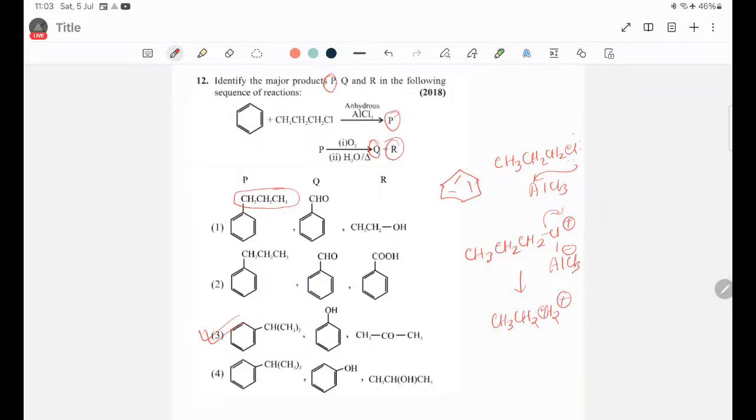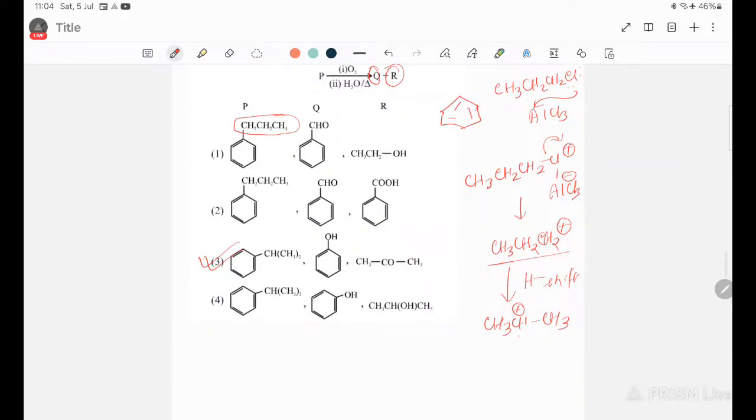Now you can ask me one question: why will this primary carbocation be formed? It shouldn't be formed, right? Because this is a primary carbocation and it is a bit less stable. But we have already covered that in our regular class. It forms because we can get a hydride shift, and because of the hydride shift it will be converted into a stable 2-degree carbocation.